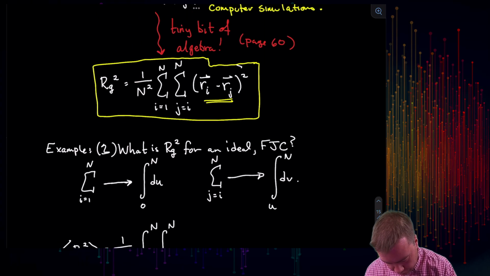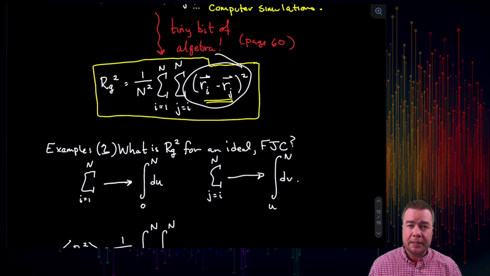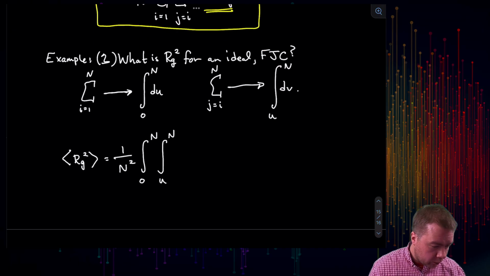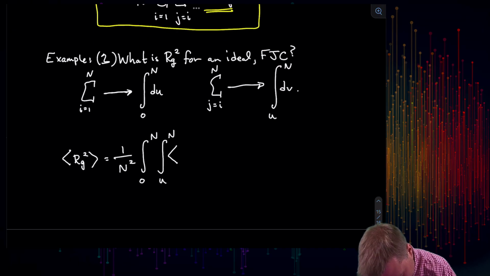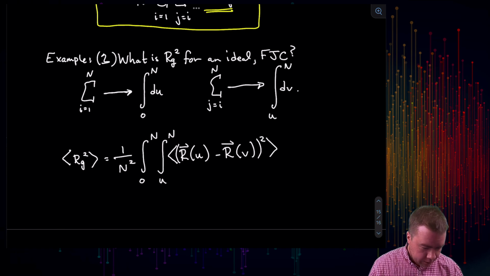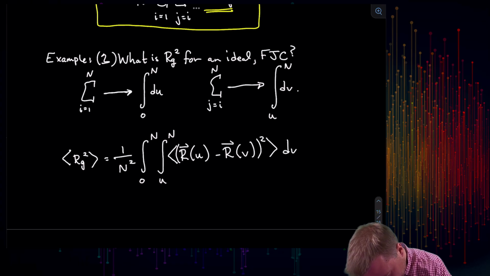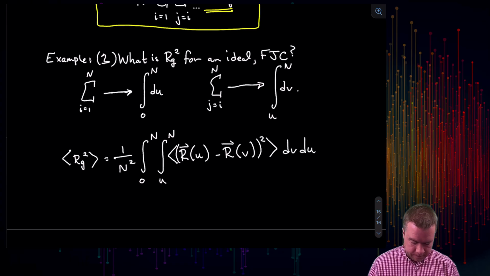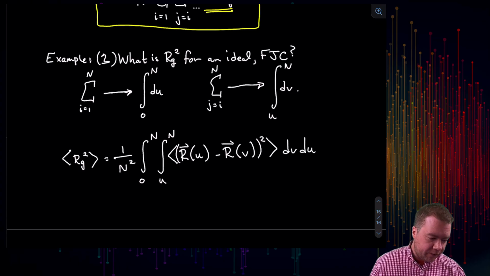Up here we just have the distances between monomer i and monomer j. So in terms of the integral, we get the average distance between the position of monomer u minus the position of monomer v, squared. We put the pointy brackets around to denote the average. Then we get dv du. We just have to do this integral to figure out what this should be.